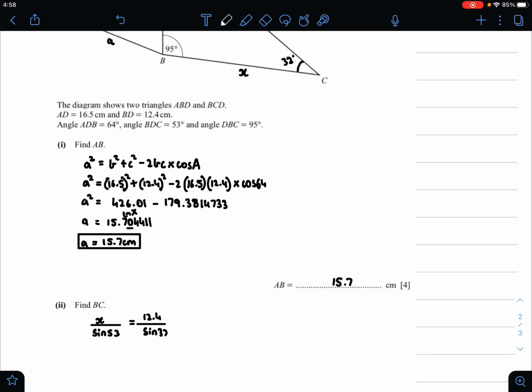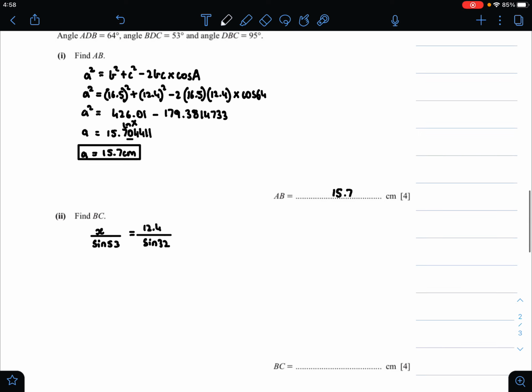Now the sine rule can be used in any way. That is the benefit of it. Like, you can write the sine as the numerator, or the side as the numerator, any of them. But as long as on both sides of the equation you use the same format. So either the angle in the numerator or the side in the numerator. And in this case I've used the side because it would be easier to solve.